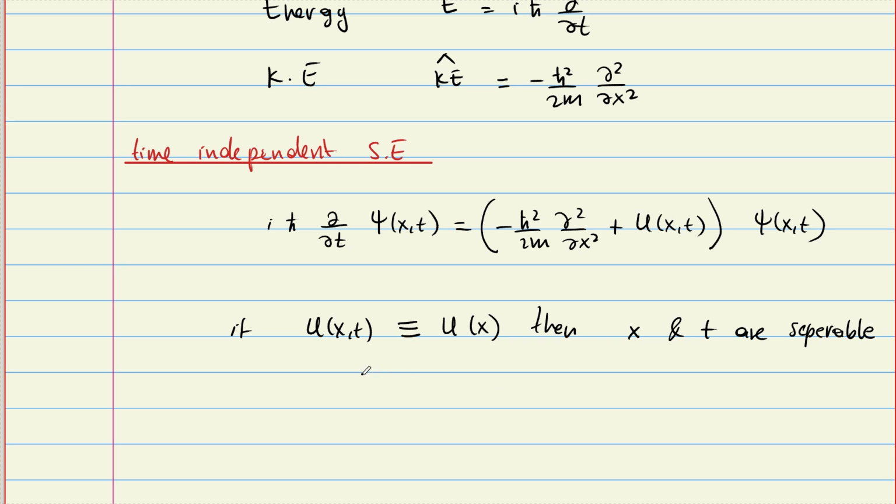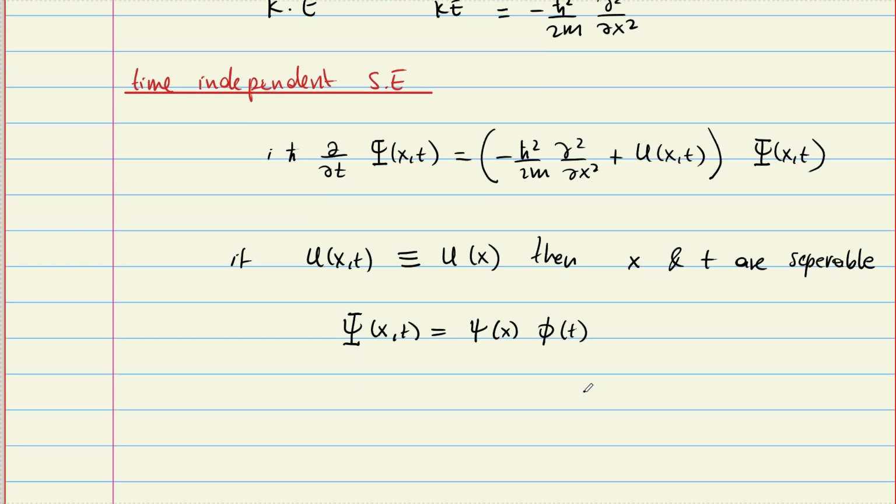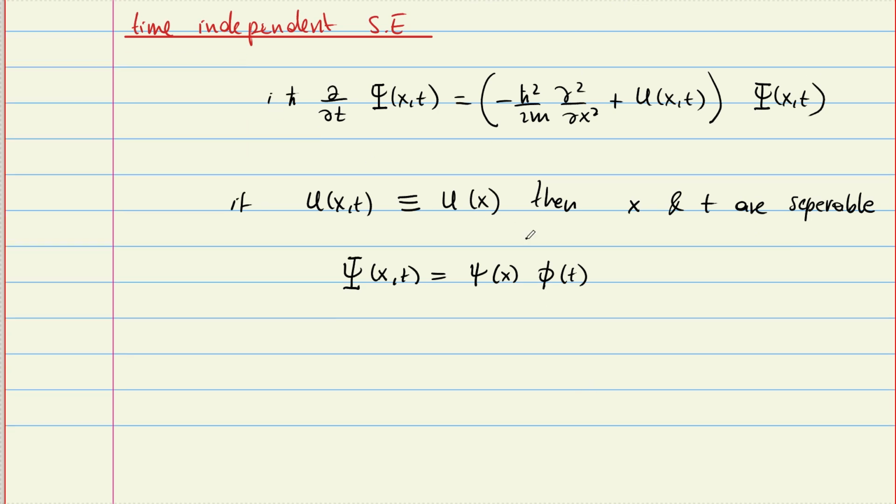What this means is you can write uppercase psi of x comma t as a product of two functions, lowercase psi of x times, let me use phi of t. So my claim is if your potential is time independent, you can do that. And let's see how to do that.